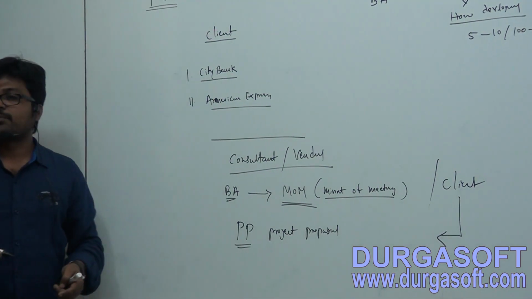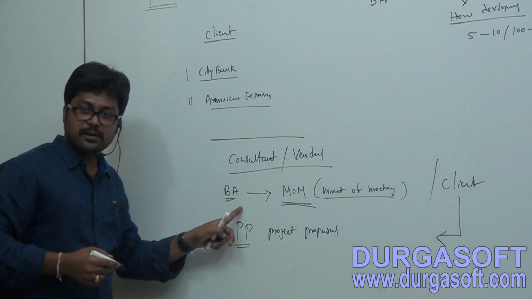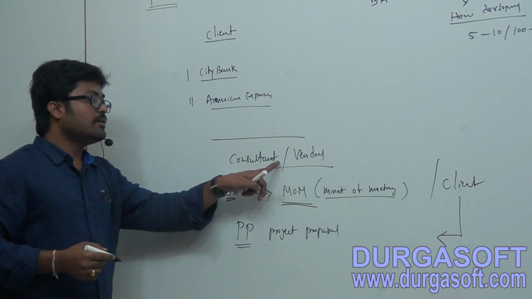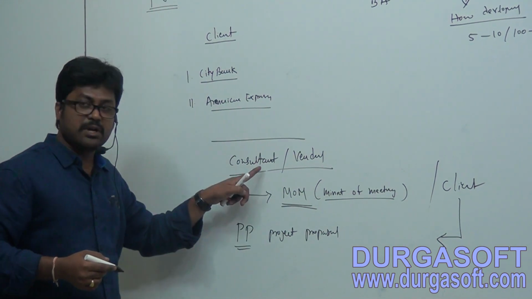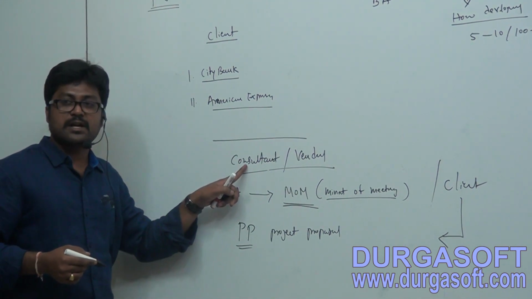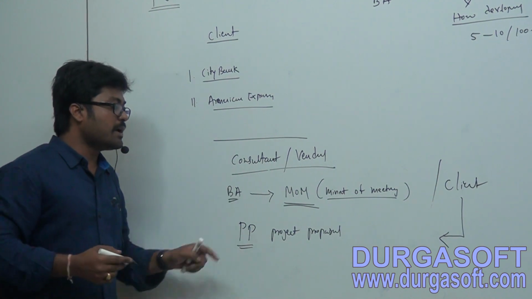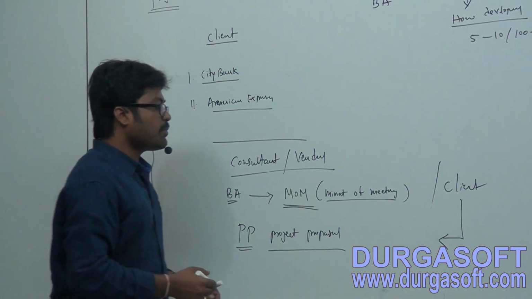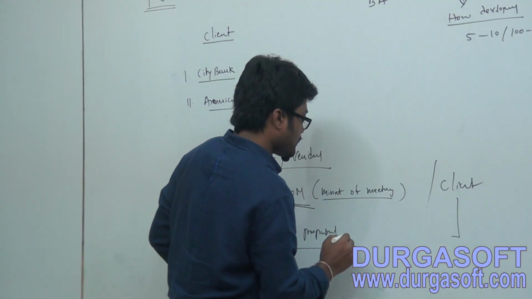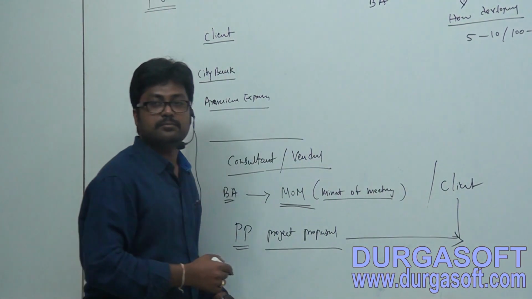Who will send? The business analyst will discuss with their consultants, developers, team leads, managers and directors. Finally, he will prepare one project planning, project proposal document. That project proposal document he will send on the next level.